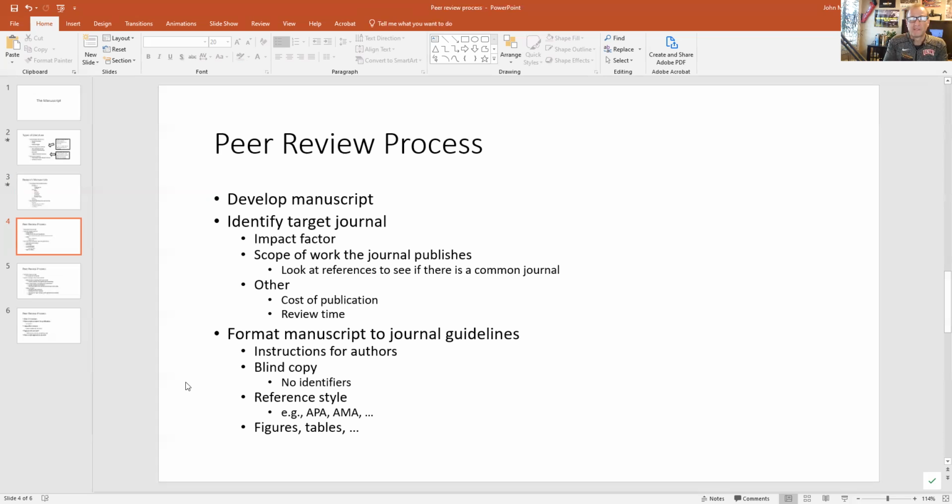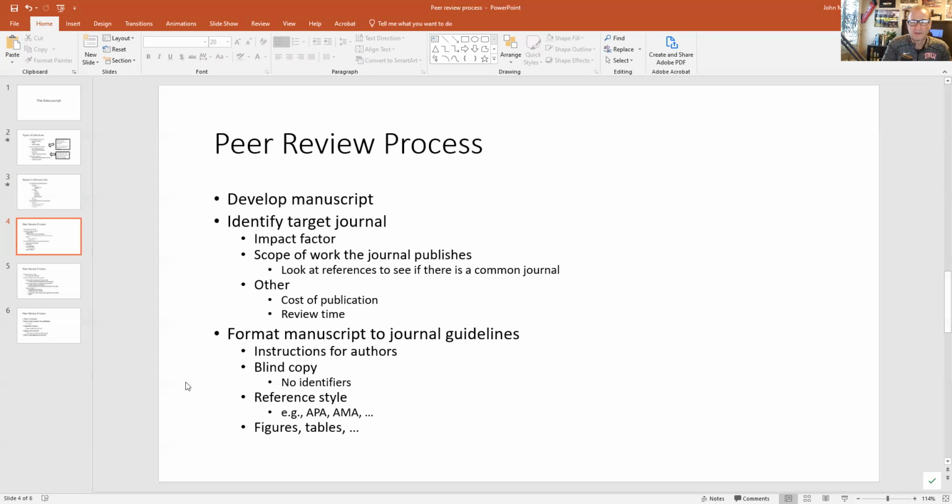Then it can turn into a rather unproductive exercise of making revisions to a manuscript or contesting revisions that ultimately are recommended. So anyway, the blind review process is really a cornerstone to the strength of peer-reviewed manuscripts.